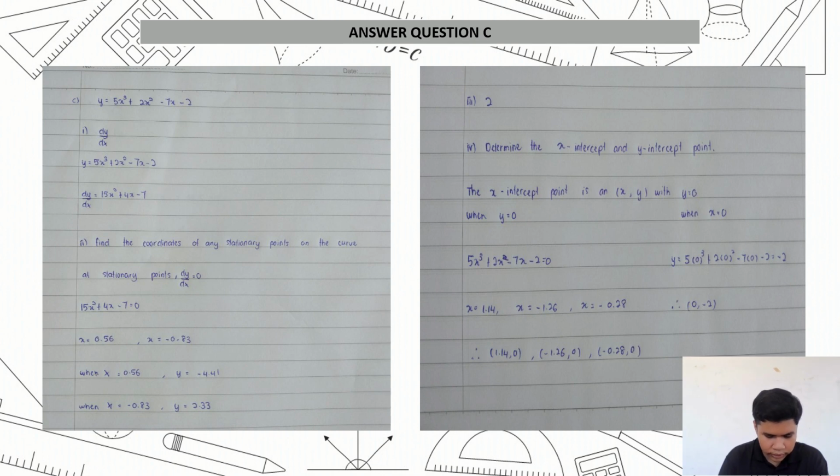For question number 4, determine the x-intercept and y-intercept points. The x-intercept point is at (x, y) with y equals 0.